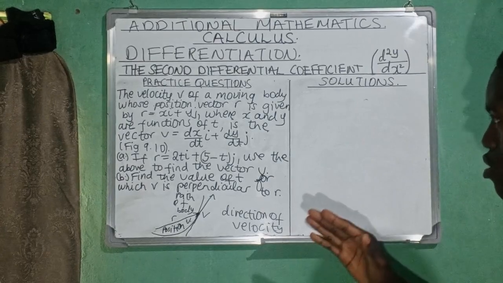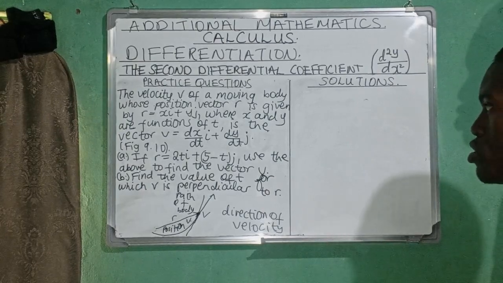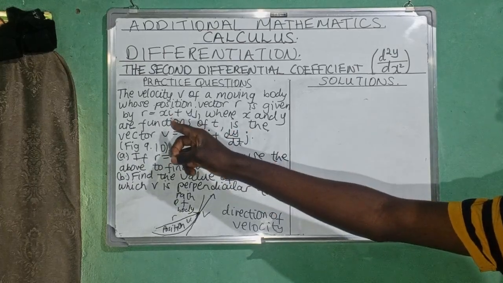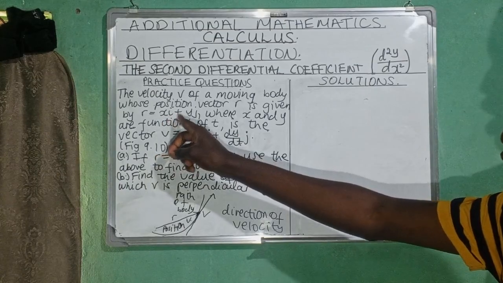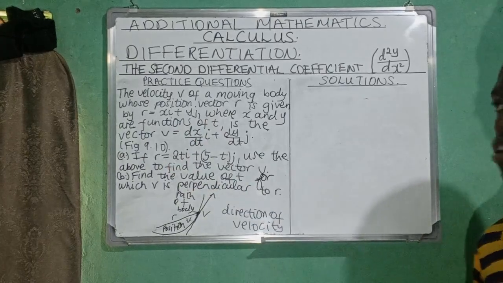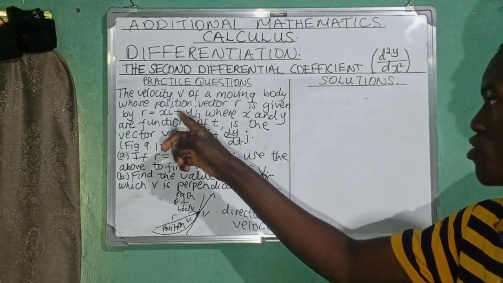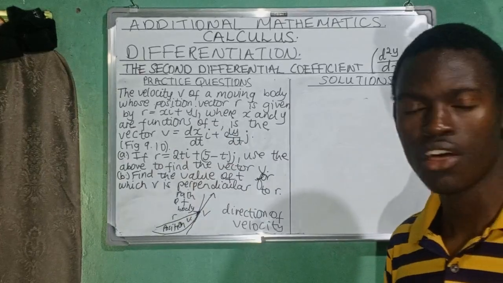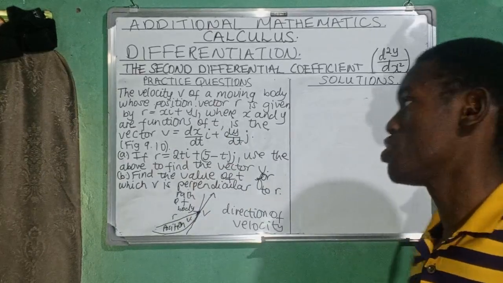The velocity v of a moving body whose position vector r is given by r equals xi plus yj, where x and y are functions of t. So this x and this y, these letters right there, are functions of t.